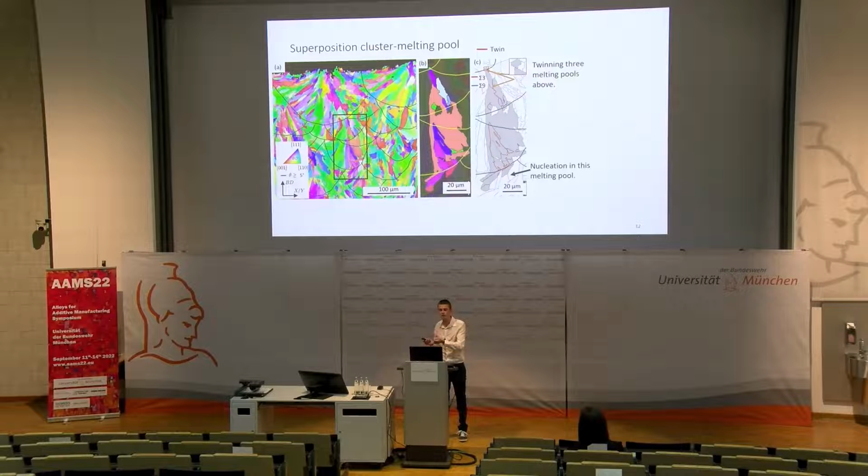So there is nucleation of this cluster in the melt pool below. It grows over several melt pools, and then there is twinning through the melt pool above. And this is difficult to explain by the hypothesis of ISRO-mediated nucleation. And that shows that ISRO could impact the growth of grains.